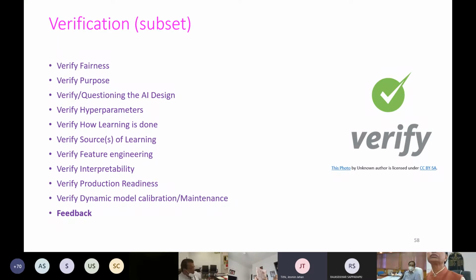We question the AI design, the hyperparameters, how the learning is done, the sources of learning, feature engineering, interpretability of the model, production readiness of the model, whether they are dynamically calibrating the model, and whether they have any system established to do the maintenance of the model. And based on the verification process, we also give feedback to the team.